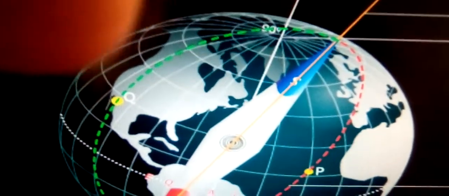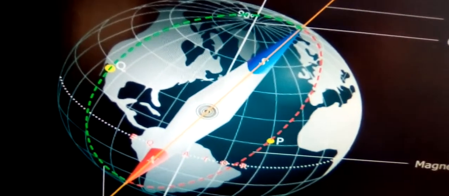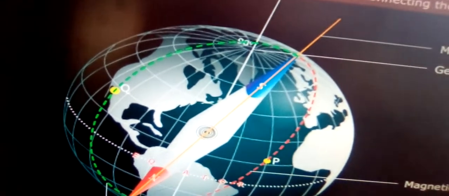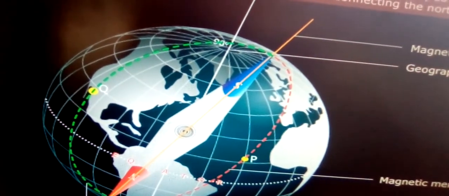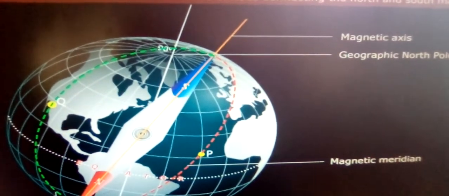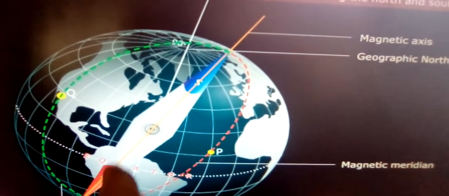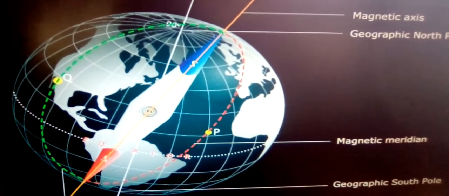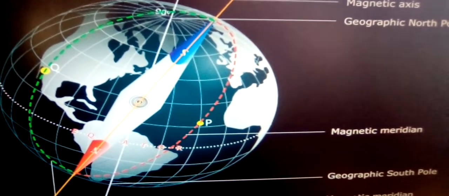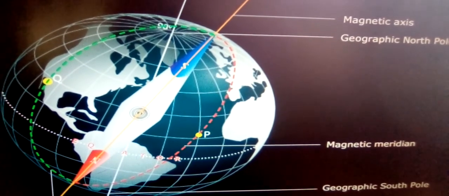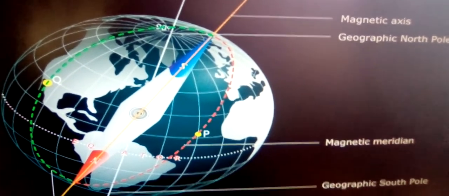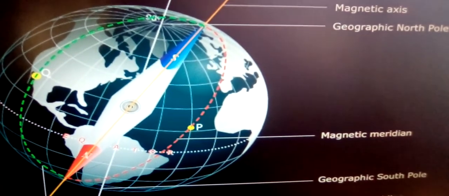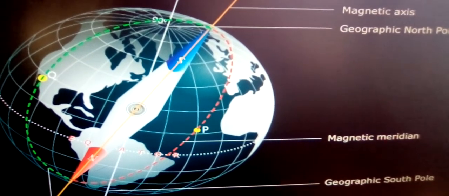Now here we look at the way the Earth is located. We have this vertical axis, the axis of rotation of the Earth. If you look at the green, it is supposed to be the geographic meridian, and the red is supposed to be the magnetic meridian.